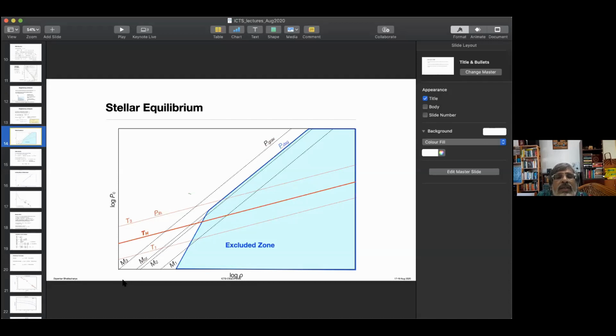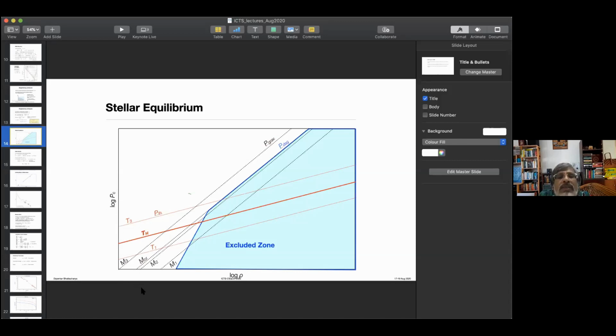I'm assuming that now the star, this globe which is contracting, has detached itself from its surroundings. So therefore its mass is not increasing anymore. So it keeps its mass constant. So all this line tells you is that its radius is decreasing, because what I plot here is the central pressure.